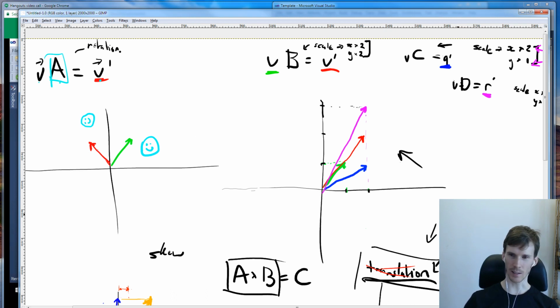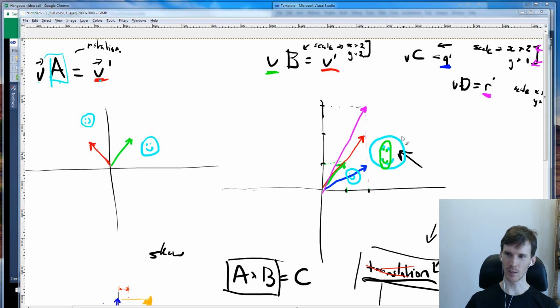And if you had a scaling matrix, it would get bigger. You could squish it down like that, but there's no situation where you're going to end up with this sort of business.